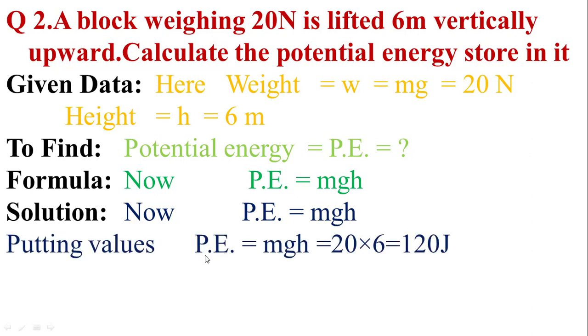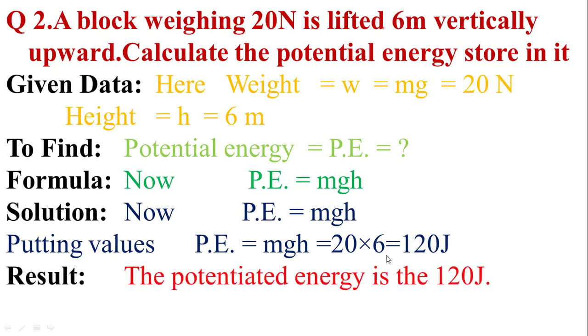Putting the values, mgh is equal to 20 multiplied by 6, because mg is equal to 20 and h is equal to 6. So 20 multiplied by 6 is equal to 120 joule. Result: the potential energy is 120 joule.